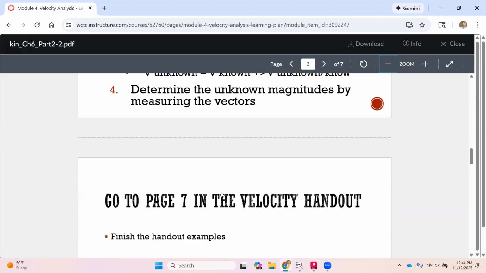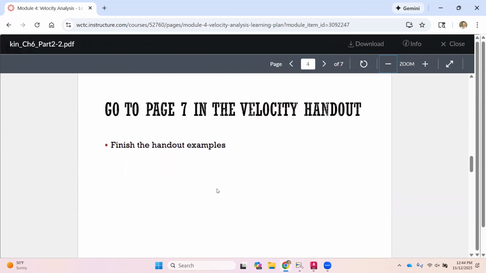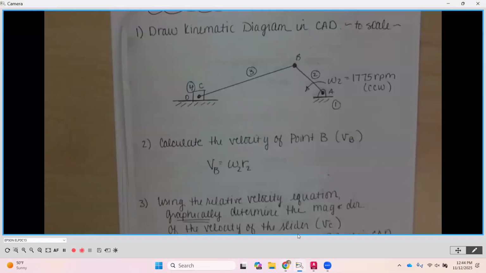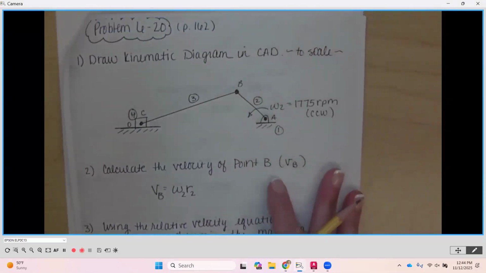Okay, so let's go to page 7 in our velocity handout and look at our first problem to make sense of the stuff we've been talking about and put it into an application context.